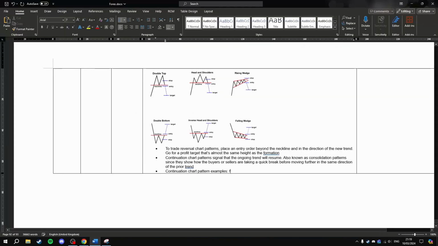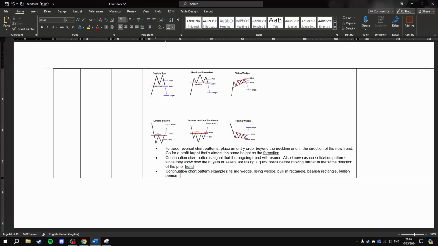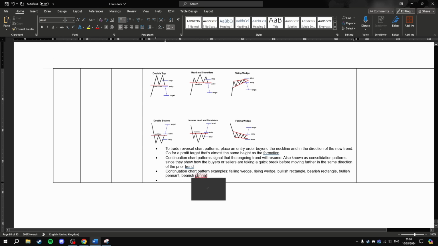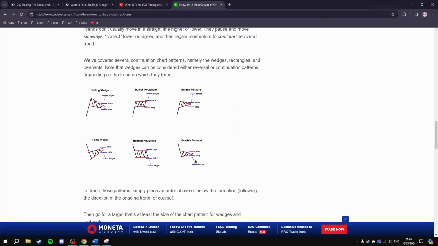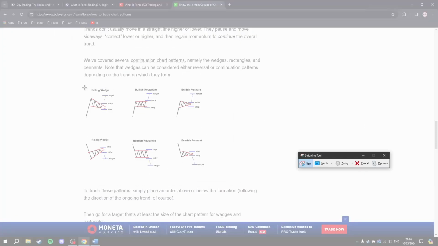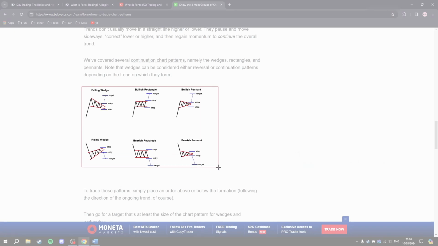Falling wedge, rising wedge, bullish rectangle, bearish rectangle, bullish pennant, bearish pennant. Now I've got some nice lovely images of them here.